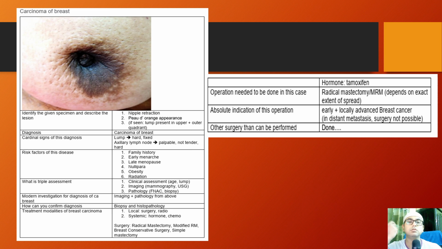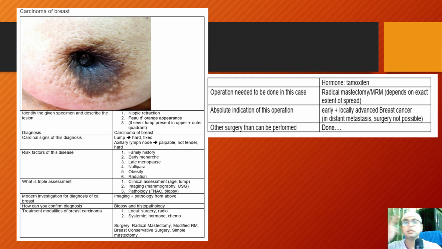You can use some medications for 5 or 6 months or 5 years to reduce the tumor size. Sometimes Herceptin may be positive. In that case, trastuzumab or a biological agent can be used for better management.